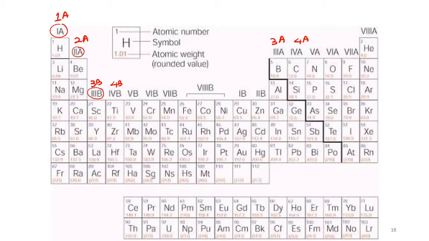Now, different people in different regions were using different numbering systems, and sometimes it was confusing. What are we talking about? People don't know.